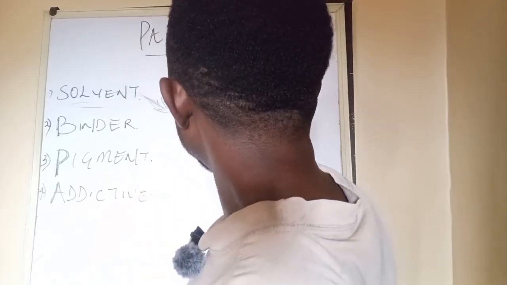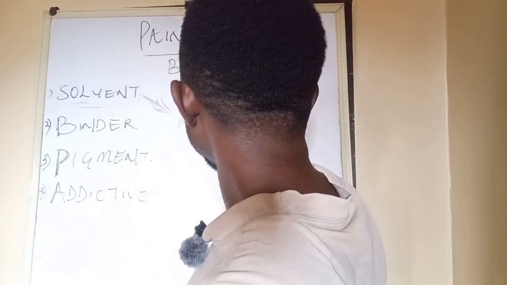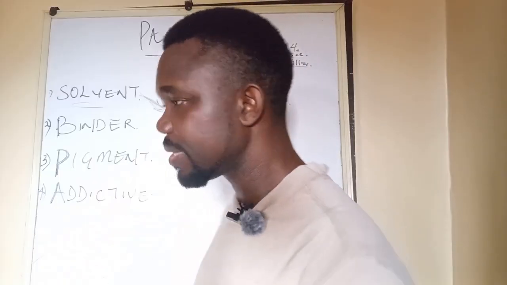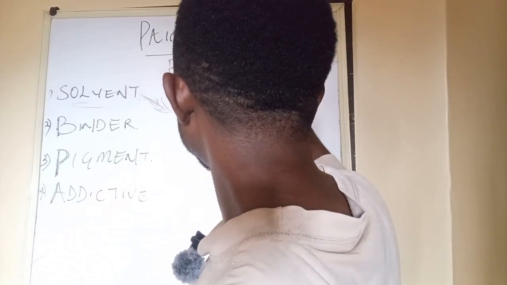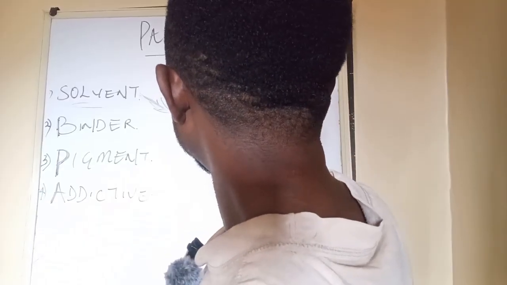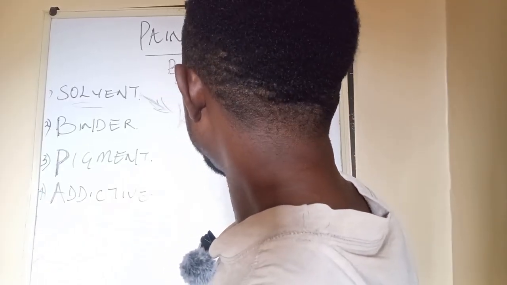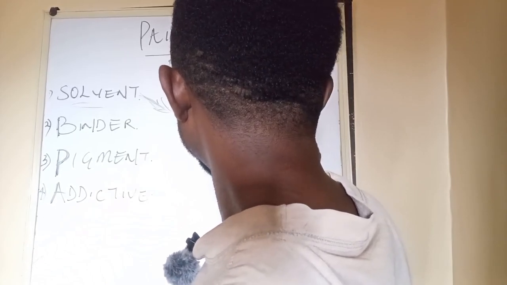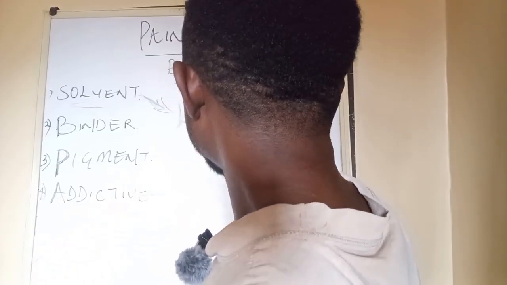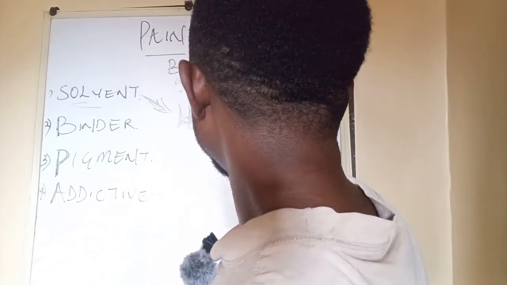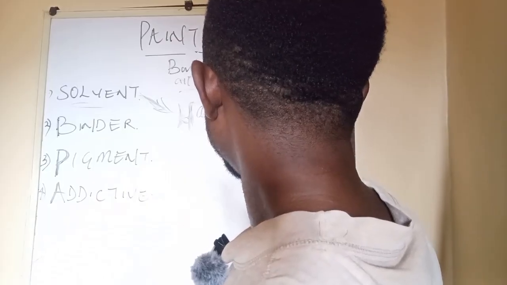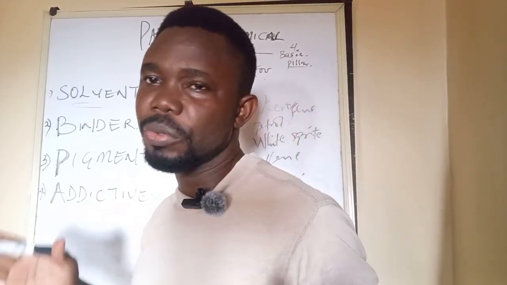So other solvents, which are for oil-based paint, include kerosene, petrol, white spirit, xylene, toluene.